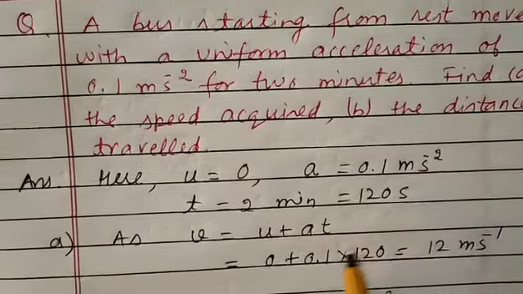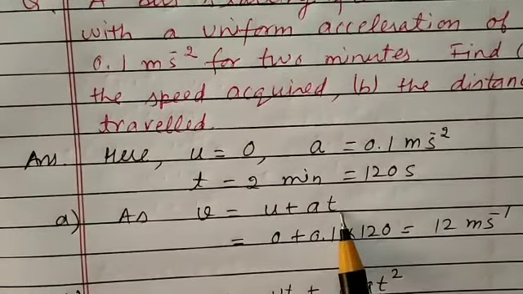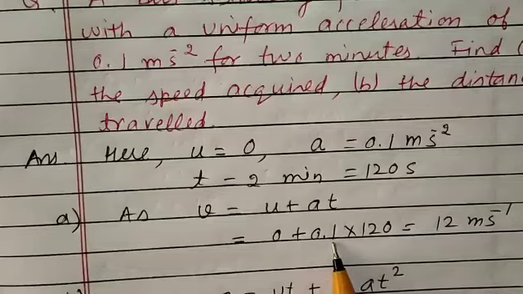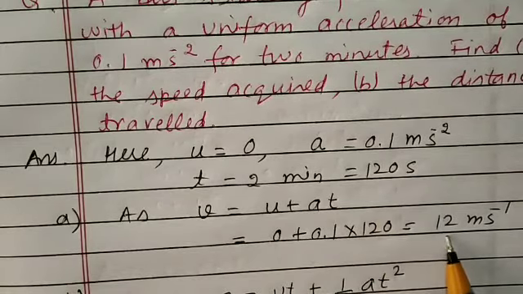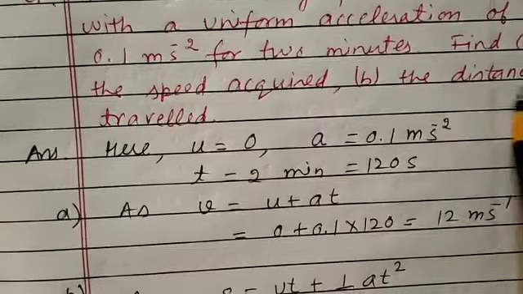that is 120 seconds. As we know, v is equal to u plus at, just by using the first equation of motion. Here initial velocity is 0, acceleration 0.1, and time is 120 seconds. So from here we will get 12 meter per second. This is the speed acquired. And second, we have to find the distance traveled.